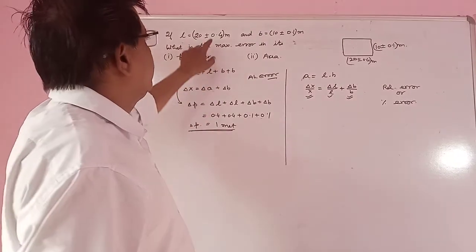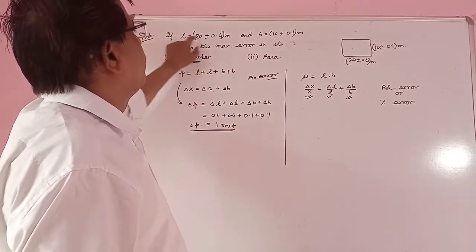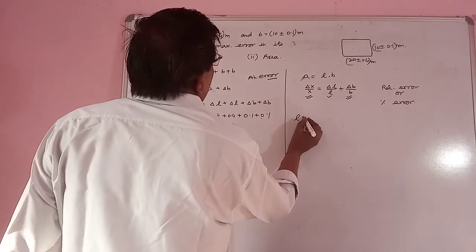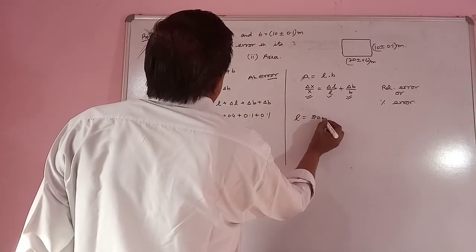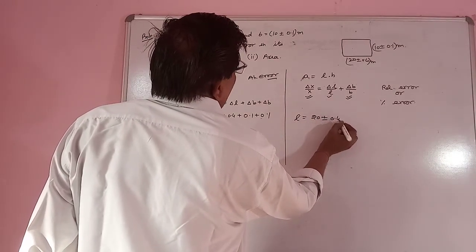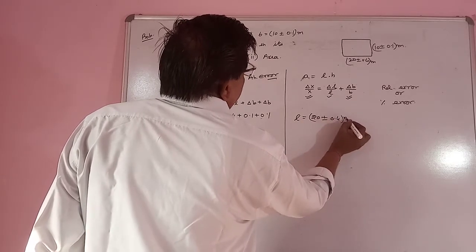So the question is given in the form of absolute error. L equal to 20 plus minus 0.4 meter.